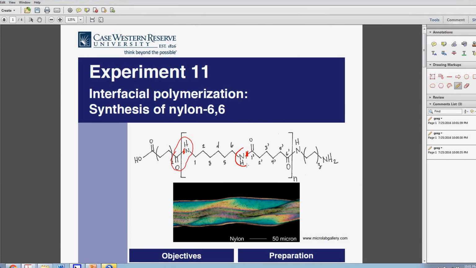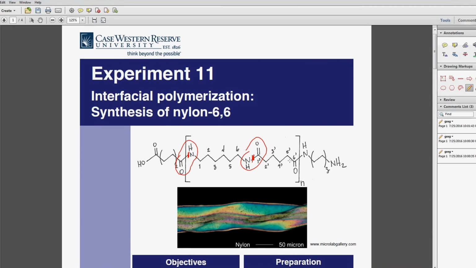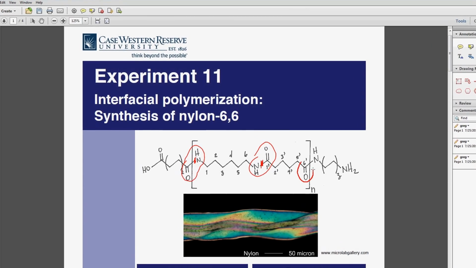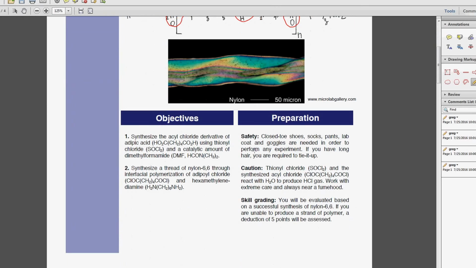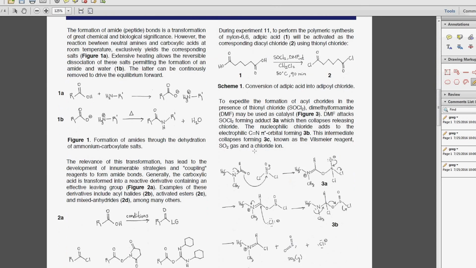This is going to be the key reaction, how we form these repeating units. So if you're going to talk about amide bonds, you really need to break things down to talking about amide bonds in general.